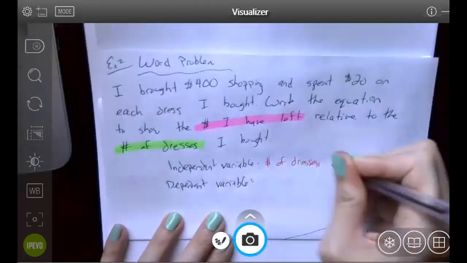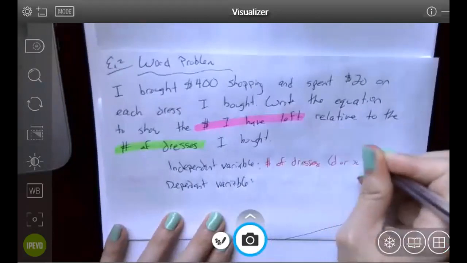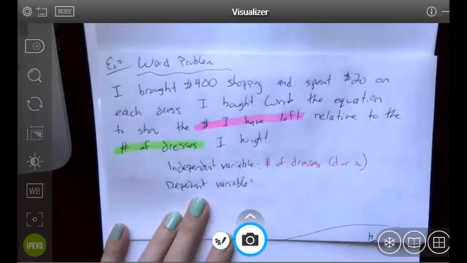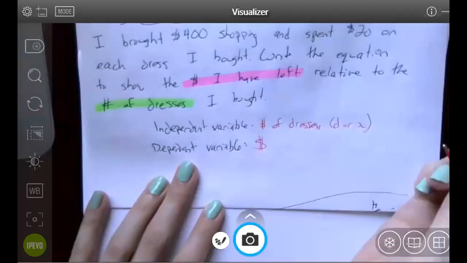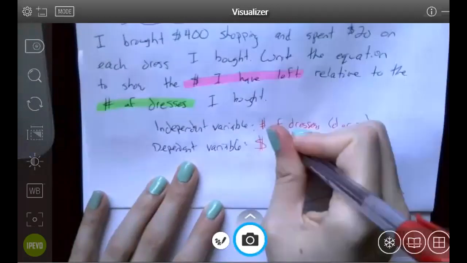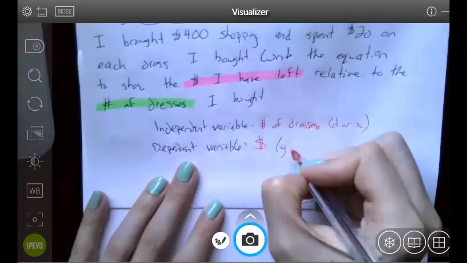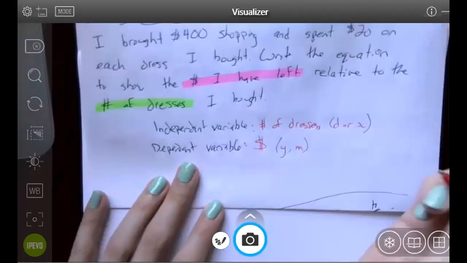And I might represent that with a D, or you could represent it with an X. And then my dependent variable is going to be the amount of money I have left, which you can represent with like a Y or an M for money, whatever you want, okay?